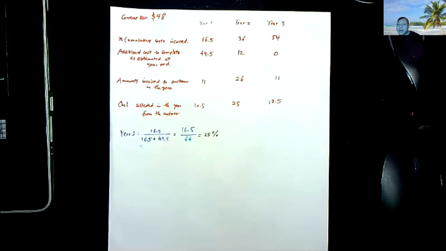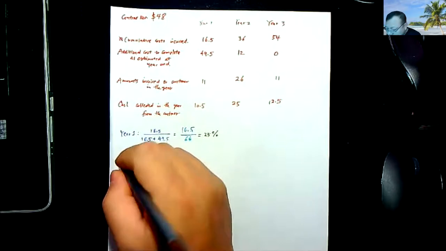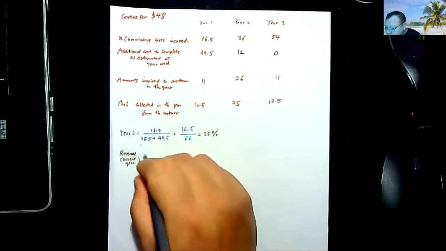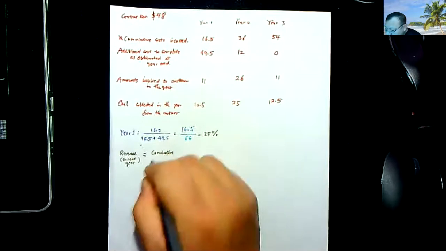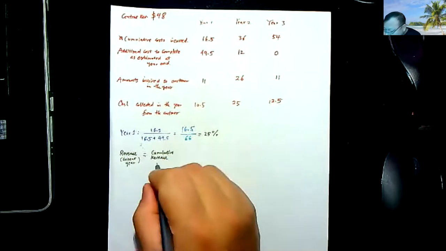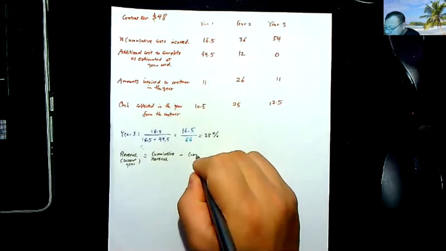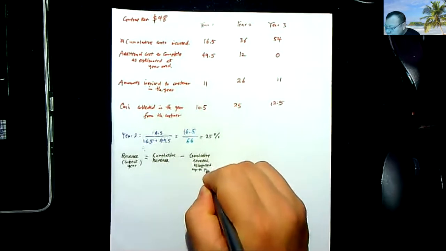So what's the revenue to be recognized? The revenue recognized for the current year equals the cumulative revenue that should be recognized by the end of this year minus the cumulative revenue recognized up to the previous year.